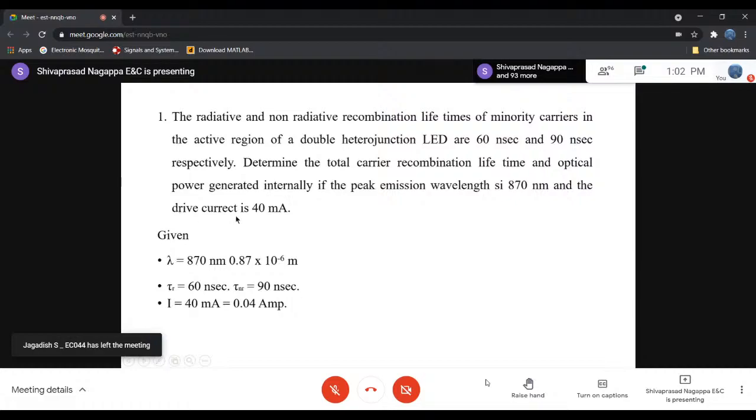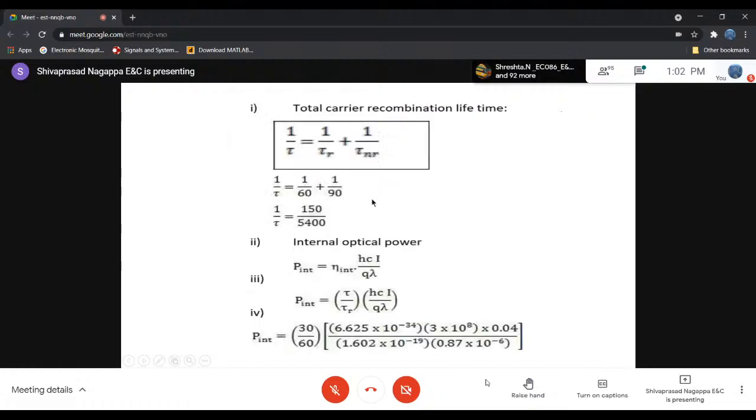The drive current is 40 milliamps. You are supposed to calculate the total carrier recombination lifetime and optical power generated. The formula is 1 by tau equals 1 by tau r plus 1 by tau nr. So the total recombination time tau will be equal to 5400 divided by 150.